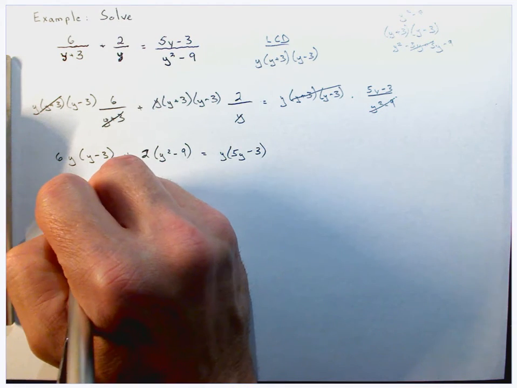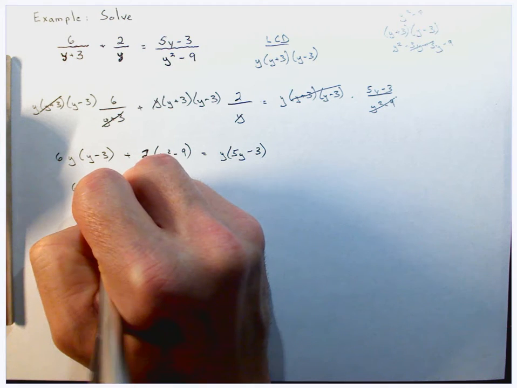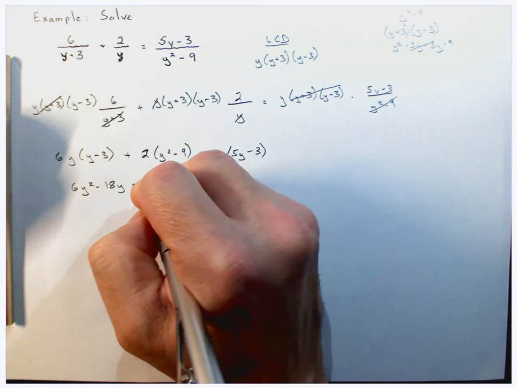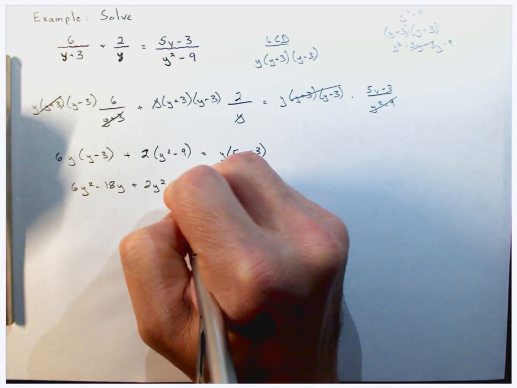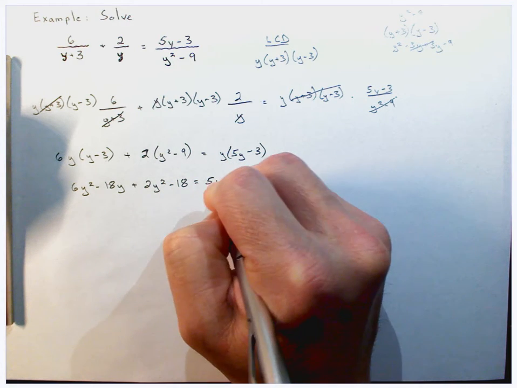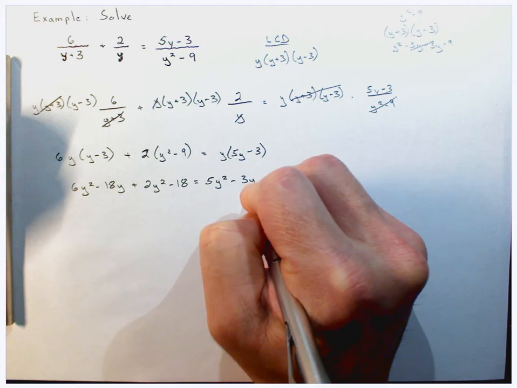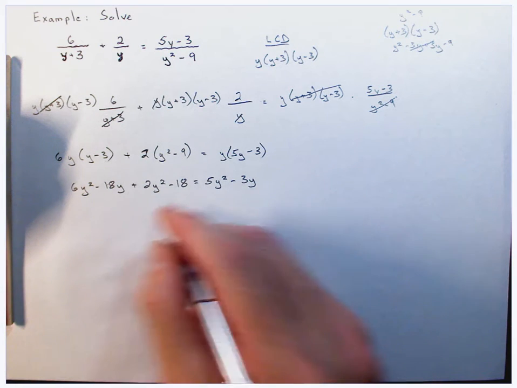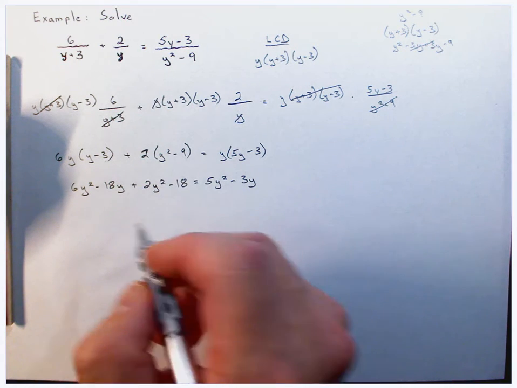That turns into 6y squared minus 18y plus 2y squared minus 18 equals 5y squared minus 3y. I'm going to combine my like terms, and then I'm going to move everything over to one side of the equation.